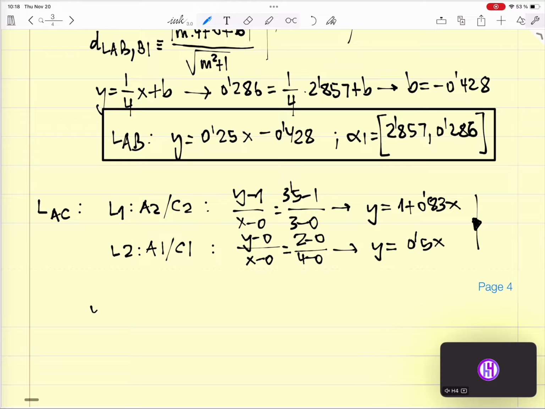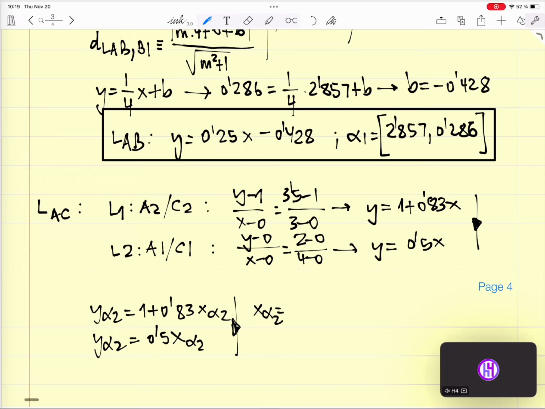Then y alpha 2 equals 1 plus 0.83x alpha 2, and y alpha 2 equals 0.5x alpha 2. As a result, we get x alpha 2 equals 3 and y alpha 2 equals 1.5.